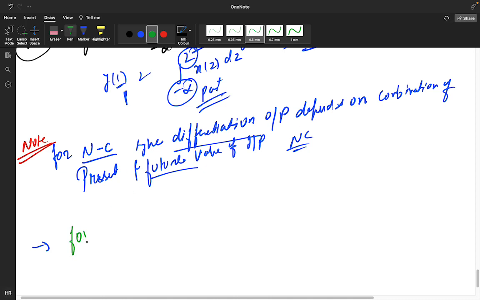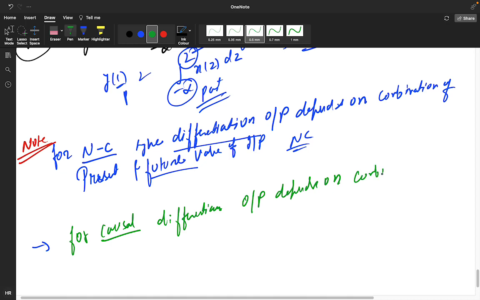But if you are doing causal system differentiation, then the output will depend on the combination of present and past value of input.